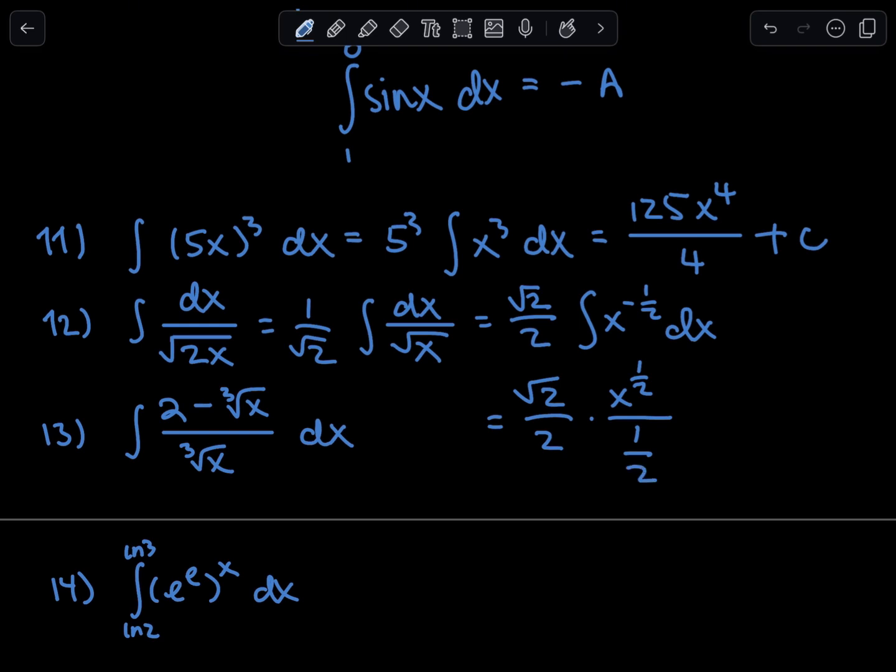So this 1/2 can just go on top as a 2, and then these two cancel out. So this is just the square root of 2x plus c. That's the final answer.